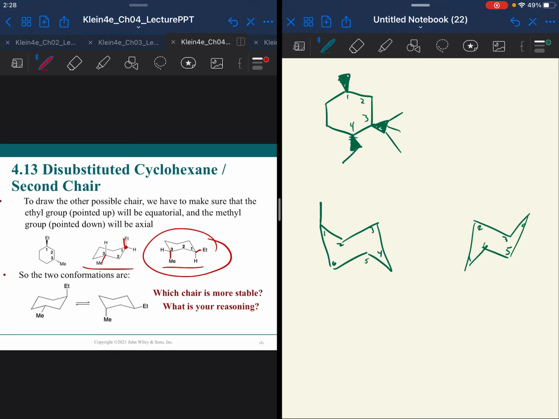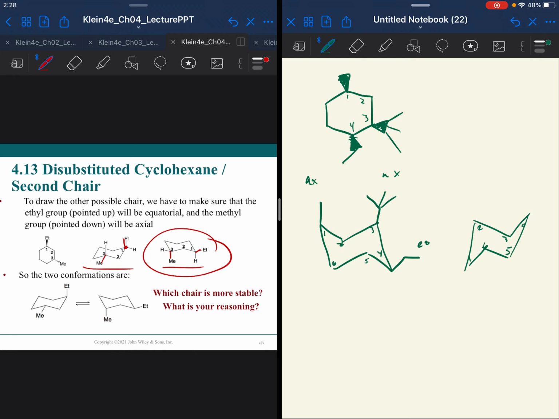That methyl group is going up, and so it's axial on carbon 1. Axial is down on carbon 2, but it is up on carbon 3. So that's my T-butyl group. On carbon 4, it'll actually be the ethyl group going up equatorial. Right? So we have axial, axial, equatorial.